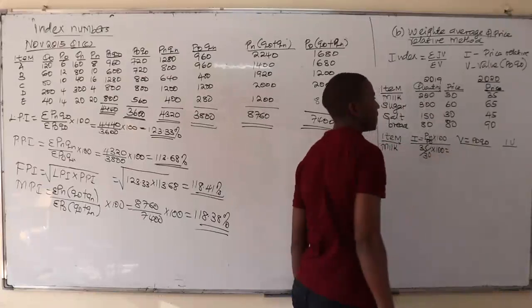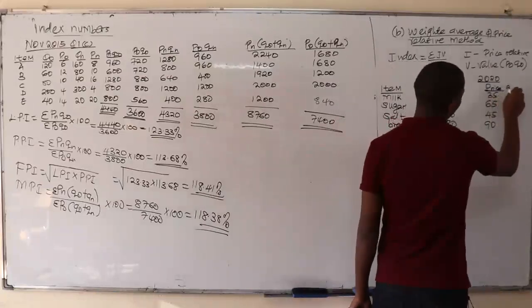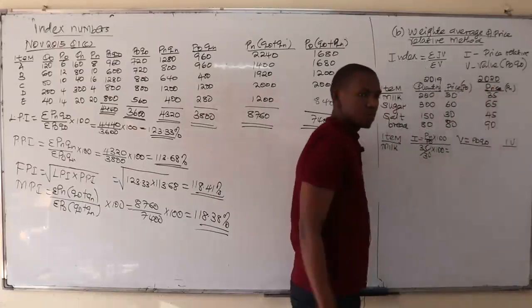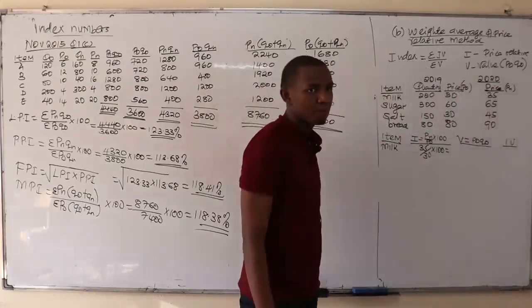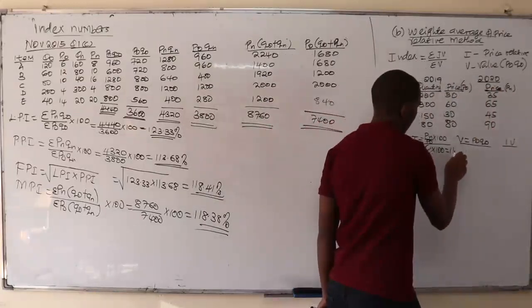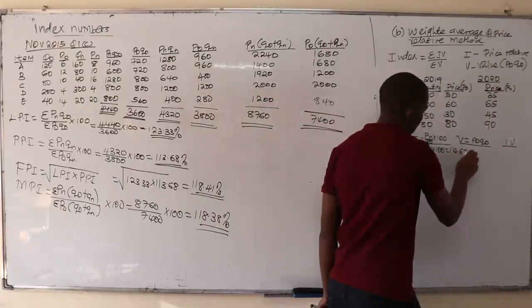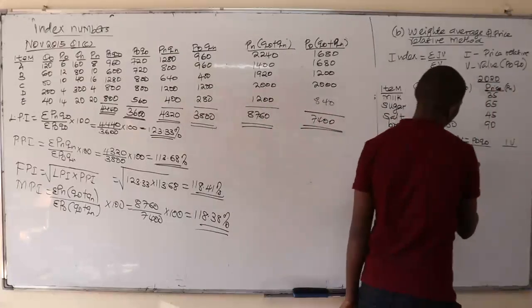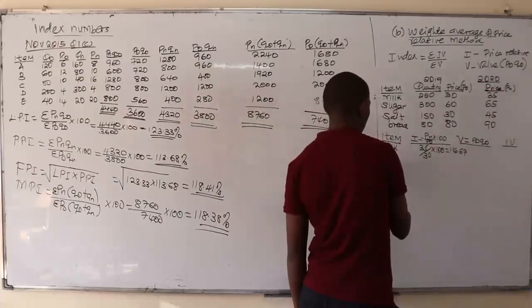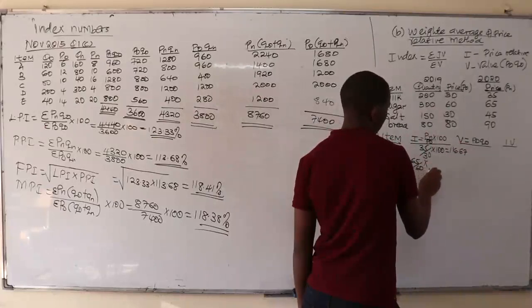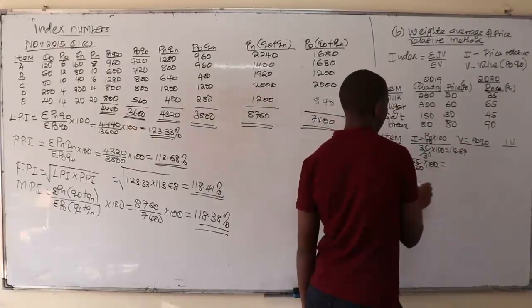This is our Pn and this is our P0. That gives 116.67. For sugar, 65 over 60 multiplied by 100.